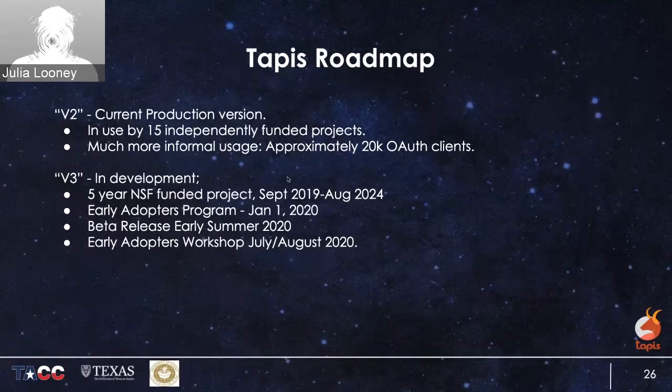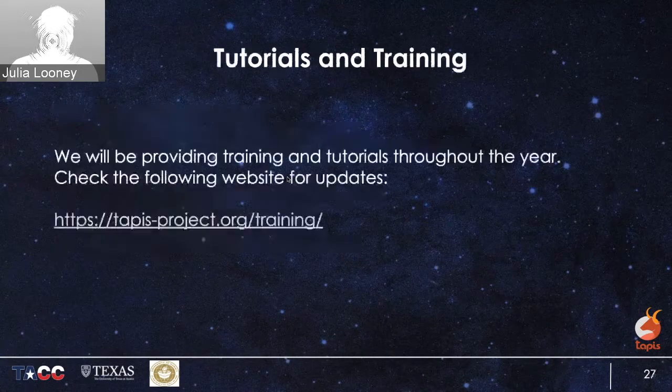And our early adopters program started this year, and we plan for a beta release in the early summer. And we also plan on doing some early adopter workshops sometime this year, probably in the summer. And that being said, we'll also be providing various trainings and tutorials throughout the year.